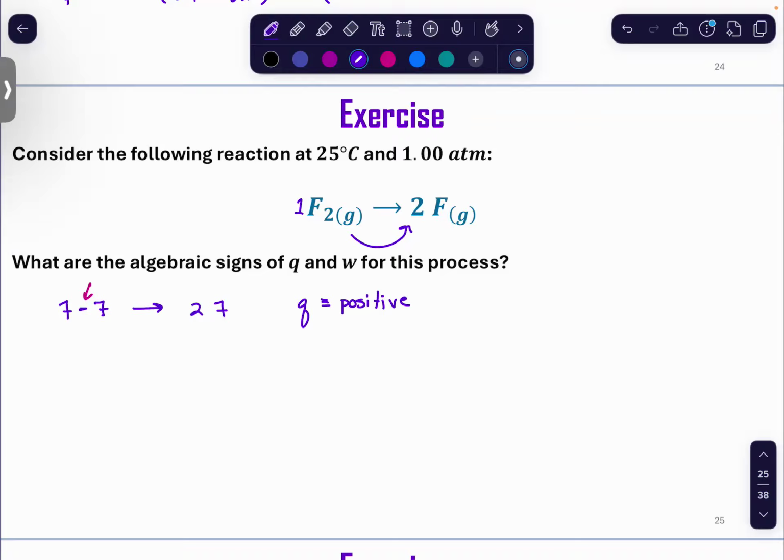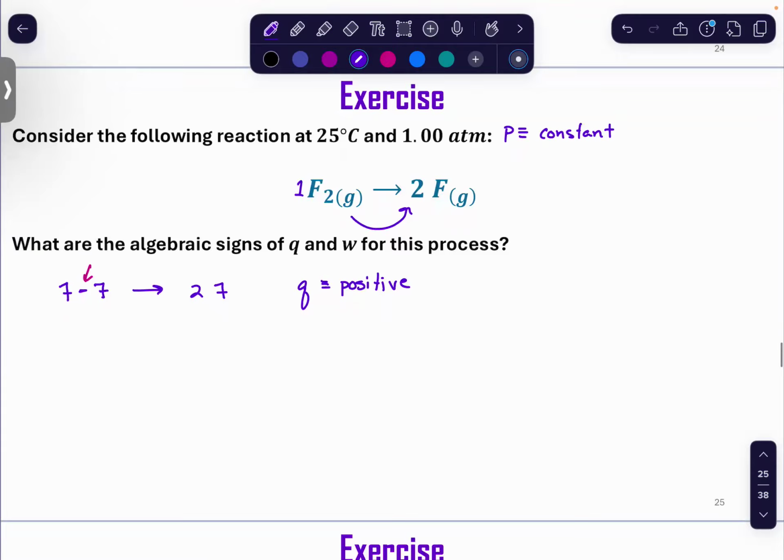So the pressure is constant. So the only way that's possible is for an expansion to occur. So the volume has to get larger. More gas, for pressure to stay constant, volume has to be larger.